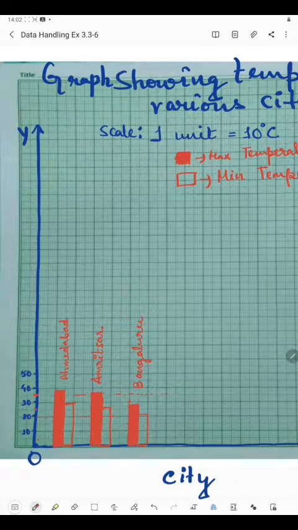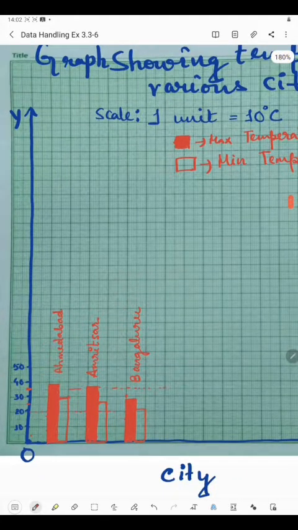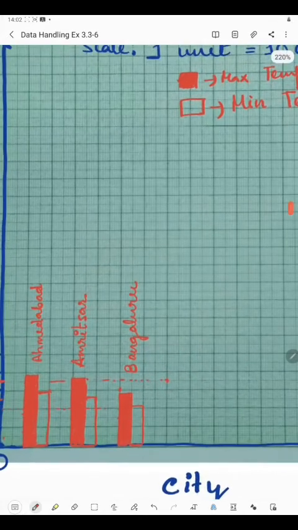We will have to leave one box in between. Okay, so here is 35. Now one box more than this, so it's here. This is showing 36 degrees Celsius in Chennai. So we will have to shade it, as this represents maximum temperature, okay, in Chennai.